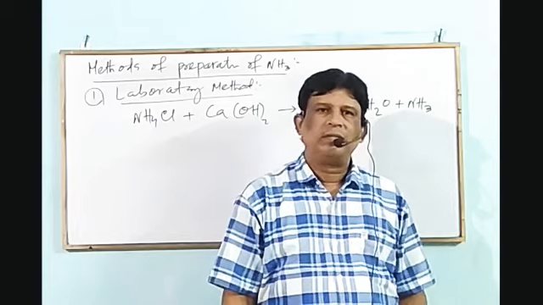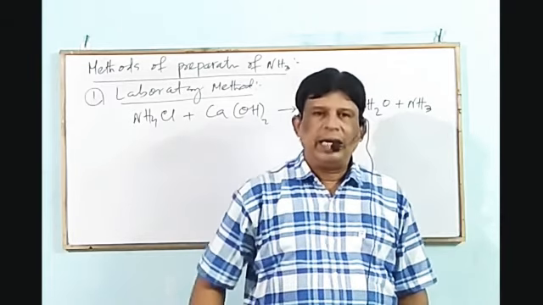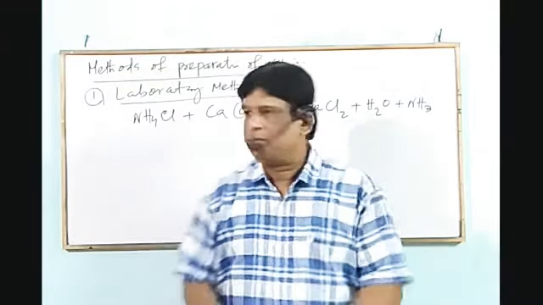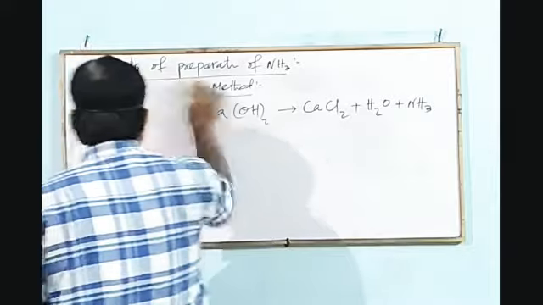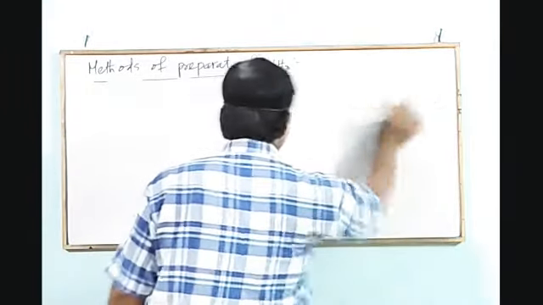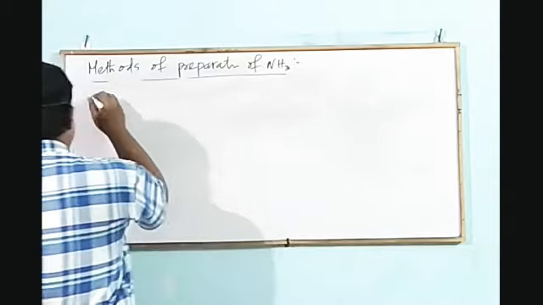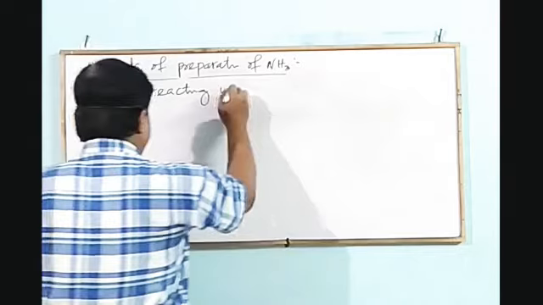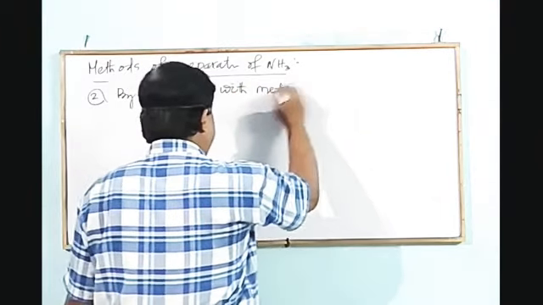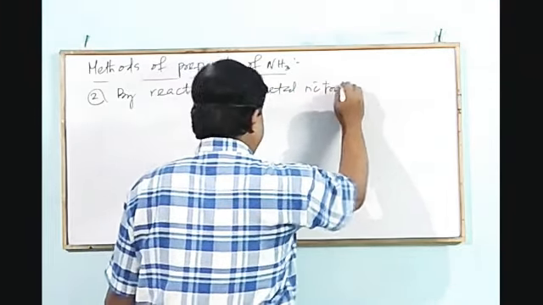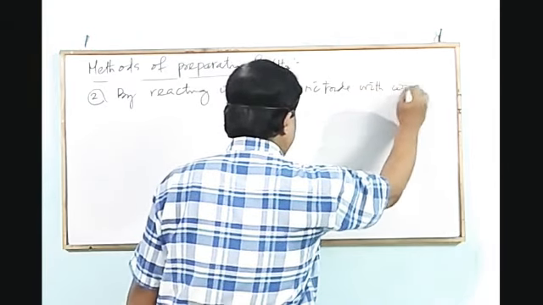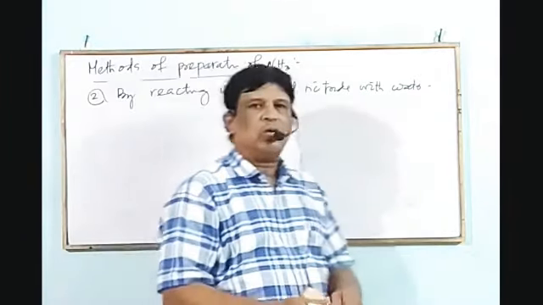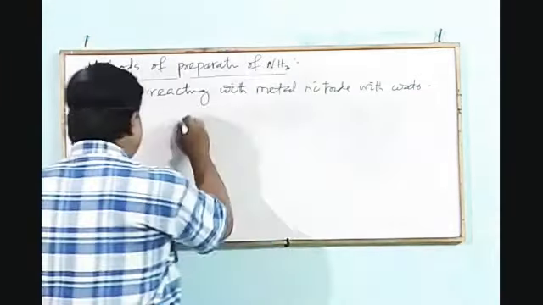Second method is by heating a metal nitride, that is, by the action of a metal nitride with water. Mark that, second method. Mark that equation.